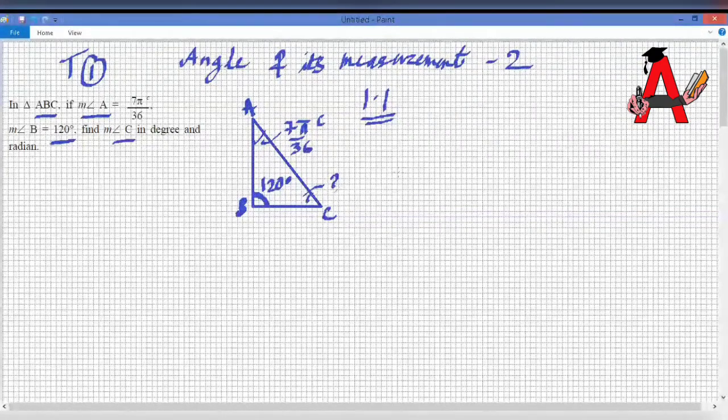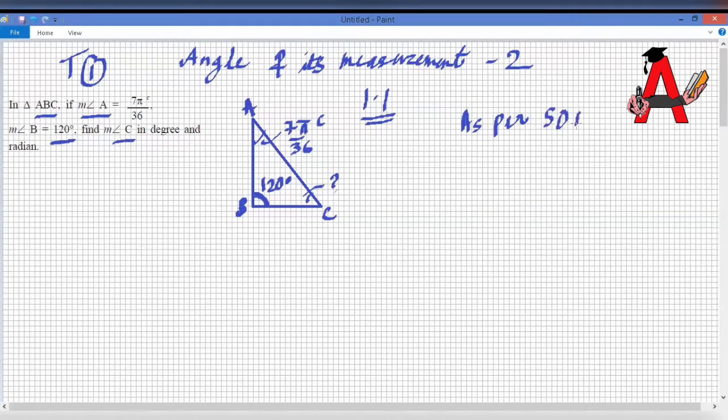Now, we know that as per the angle sum property, the sum of the measures of all angles of a triangle, I can write, angle A plus angle B plus angle C is equal to 180 degrees. So in this type, you have already been given angle A, which is equal to 7 pi upon 36 radians.